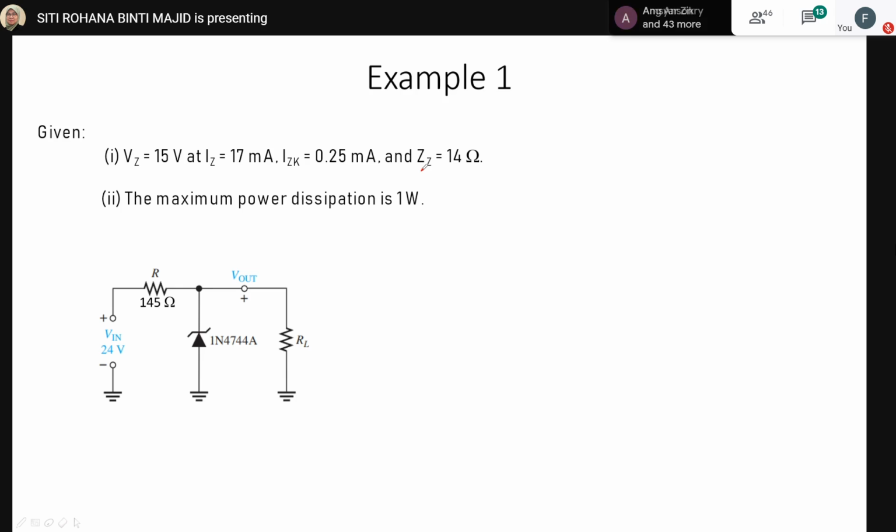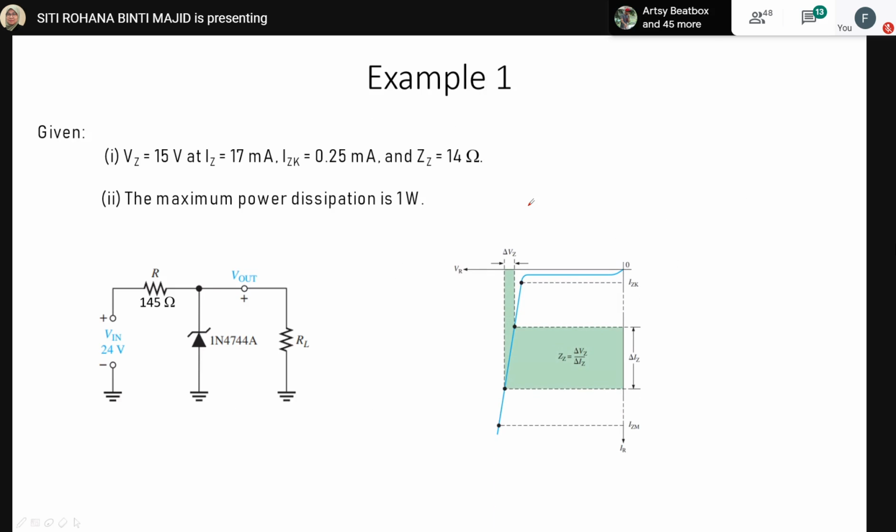Again, we will refer to the IV curve of the Zener diode in the reverse bias region.